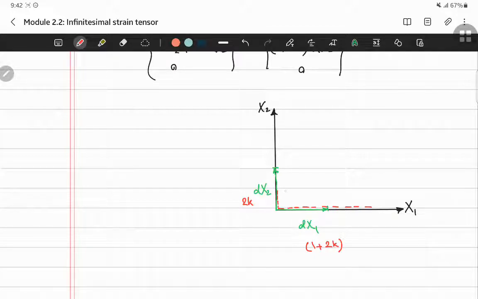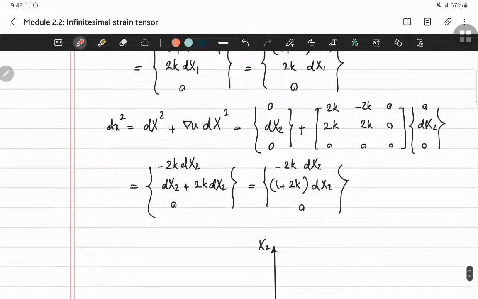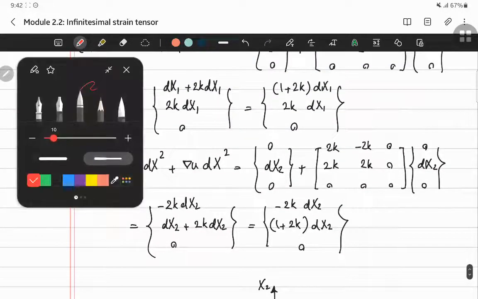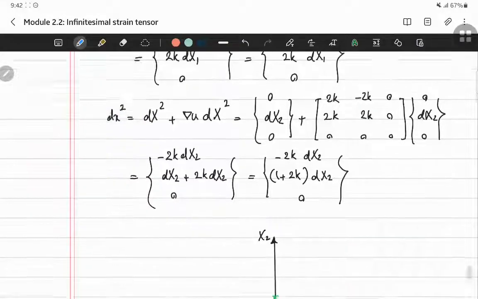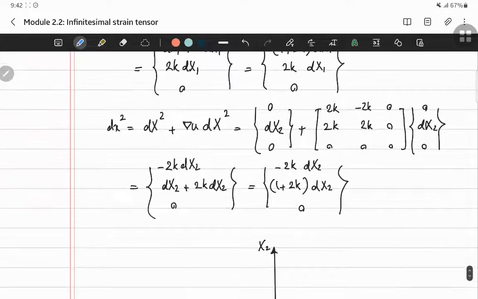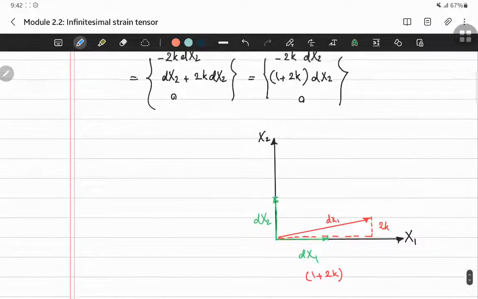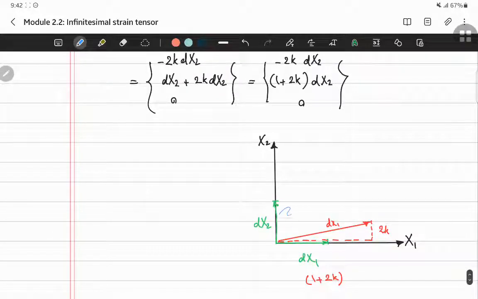So finally, this one is better to write it here. So this is 2k. So this is dx1. And then we have another color maybe. Perfect. Okay, then I have minus 2k dx2.